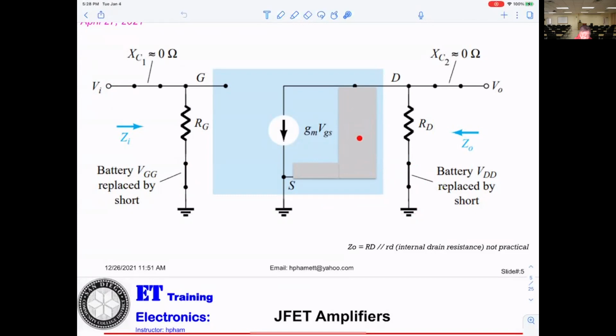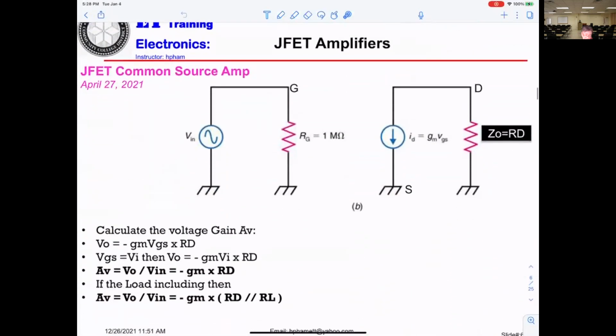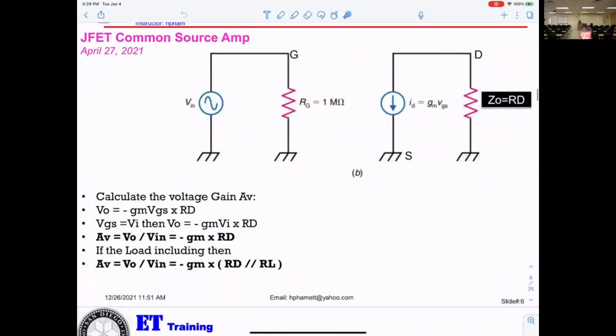We don't care about that one. So this is the AC drawing for the circuitry we just gave you. Now this will be given in a little more detail. This is Vin, this is VG, and from here to here, that's the VGS. And this is the output.